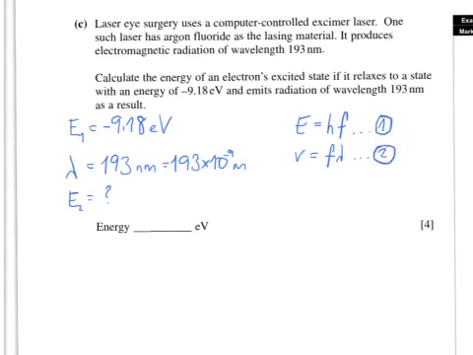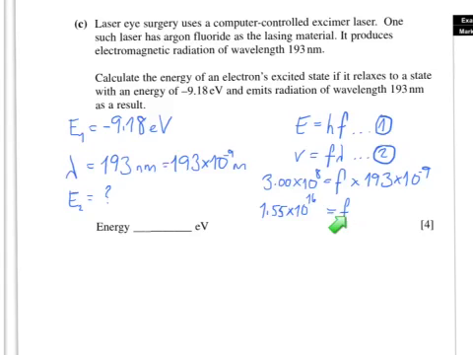Let's put some numbers into equation 2. So our speed of electromagnetic radiation, speed of light, is equal to the frequency times the wavelength, so 193 times 10 to the minus 9. And that's going to equal, f is going to equal 1.55 times 10 to the 16 hertz.